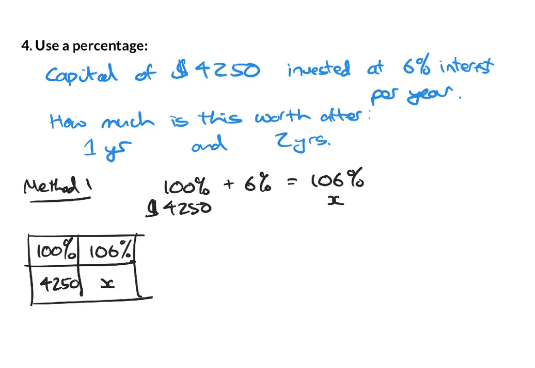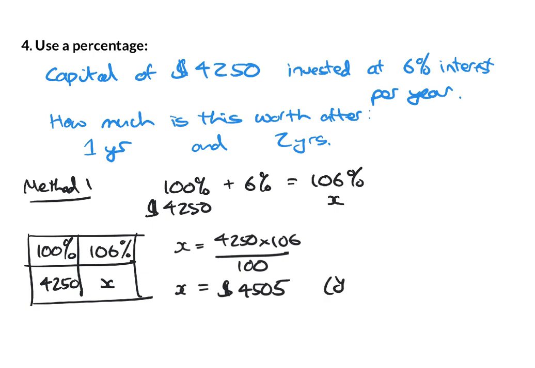So I'm going to do X is equal to 4,250 multiplied by 106 divided by 100. I put that into a calculator, and I will get the answer of $4,505 at the end of year 1. So this is year 1.